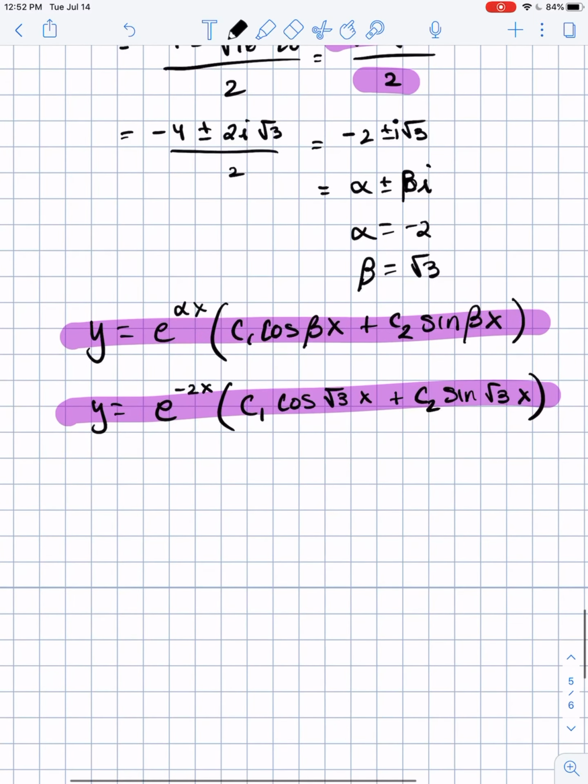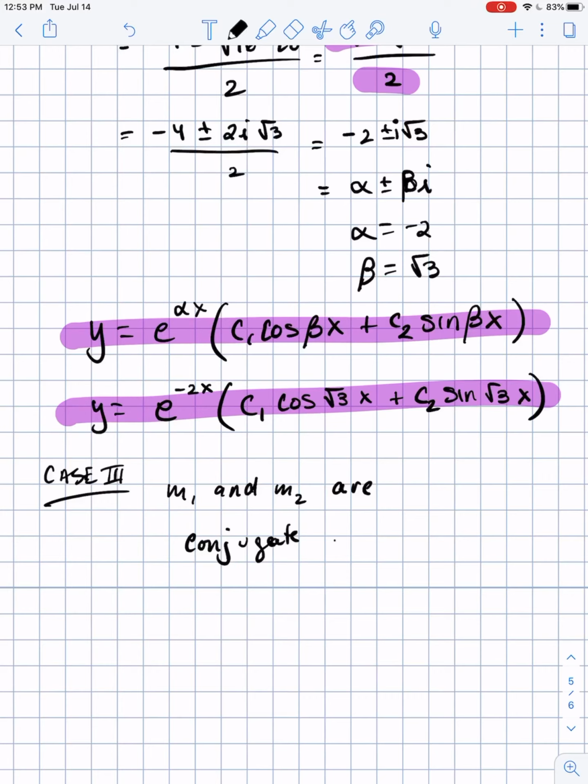All right, so for case 3, what winds up happening is really you wind up getting m1 and m2 are conjugate complex numbers.